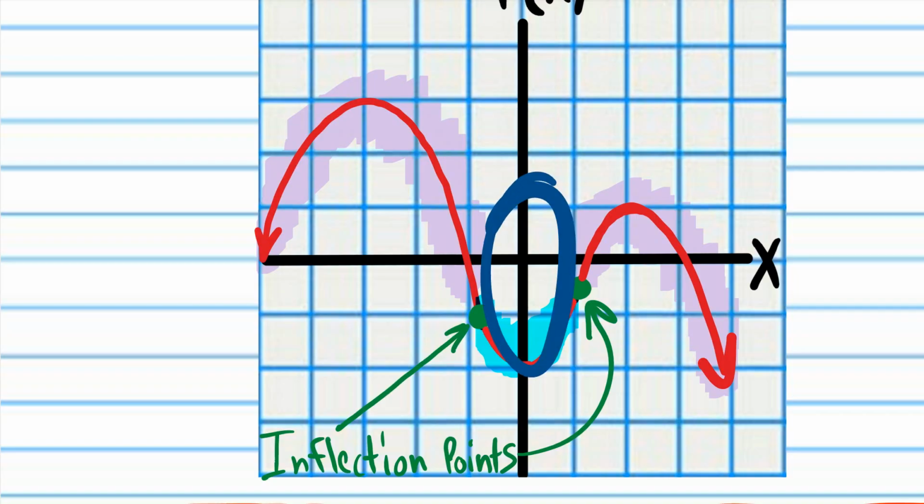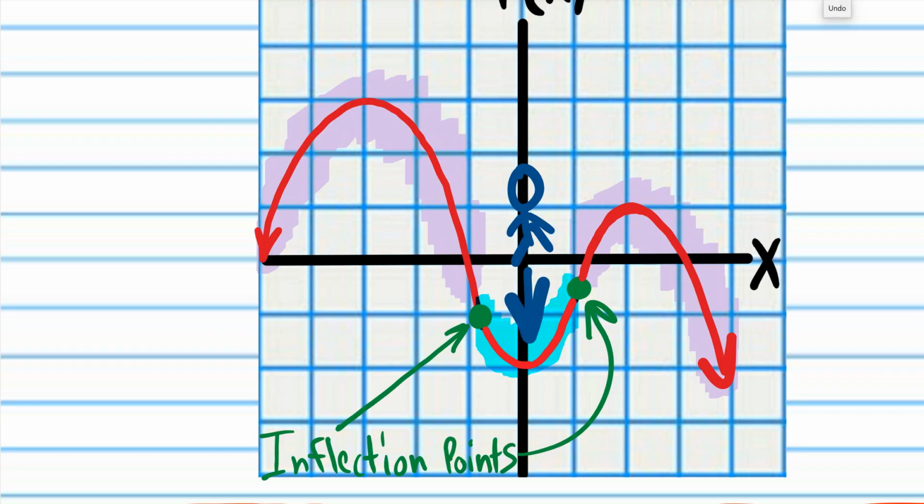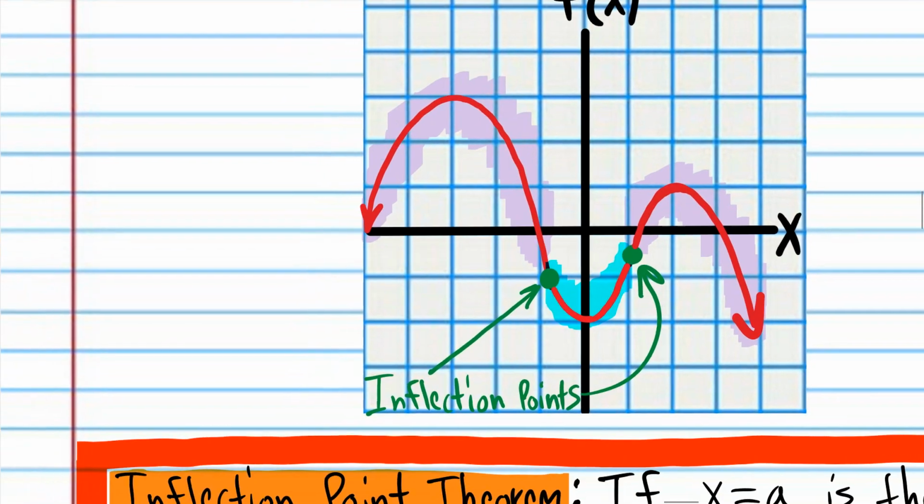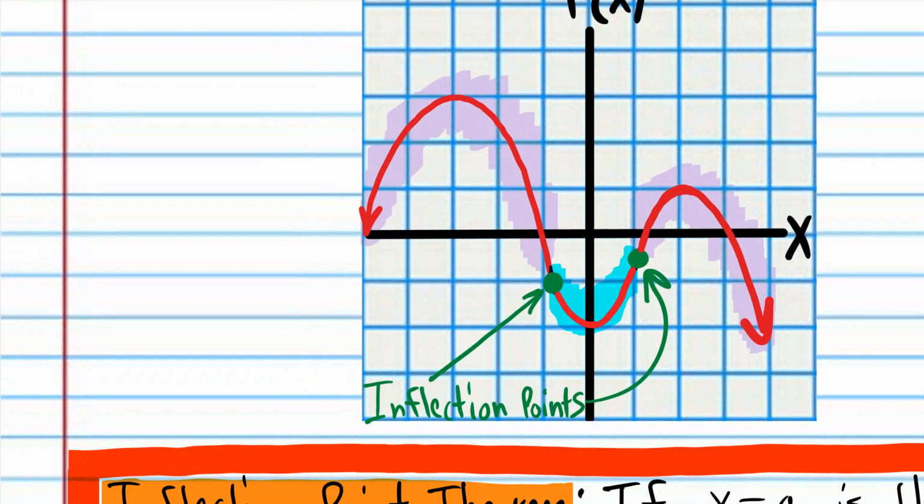And on this part of the graph, you'd have to stand above the graph to carve out that shape. So because you're above the graph, we could say it's concave up. That's one way to remember it, but again, it's not easy to explain these concepts, even though they're fairly simple to understand.